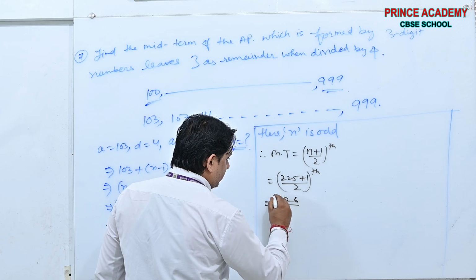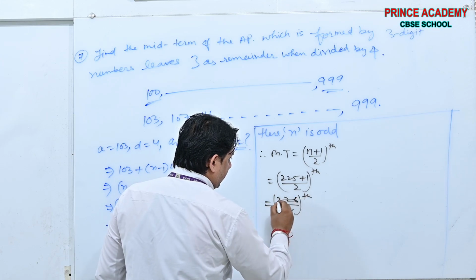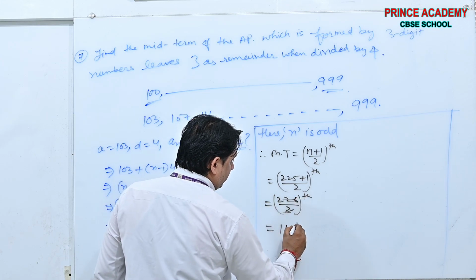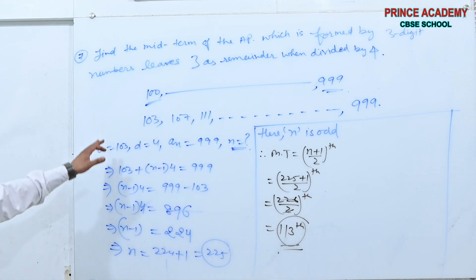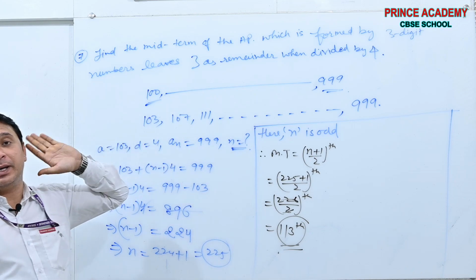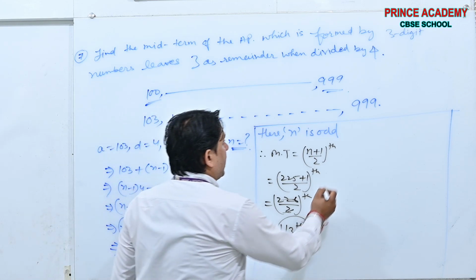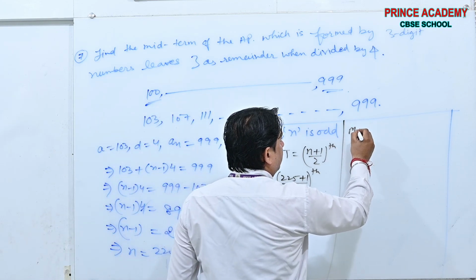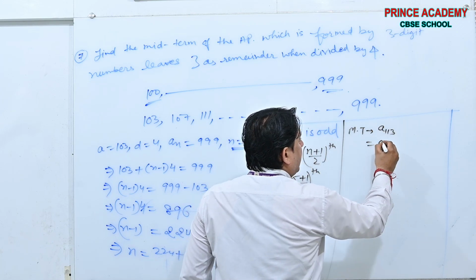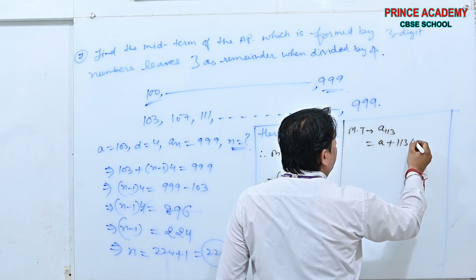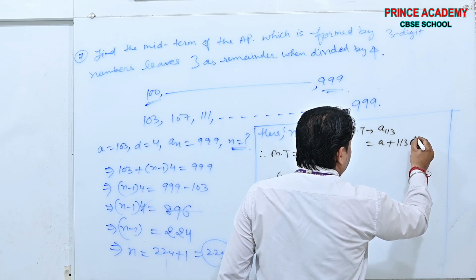That is (25 plus 1) by 2, 26 by 2, cut it, 13. The 13th term of this AP will be the middle term. Therefore, the middle term is a_13, a plus 13d. Okay, done beta.